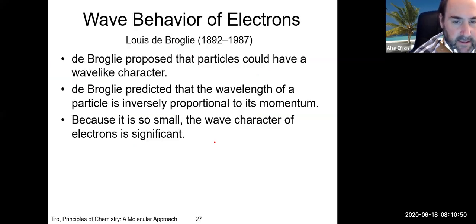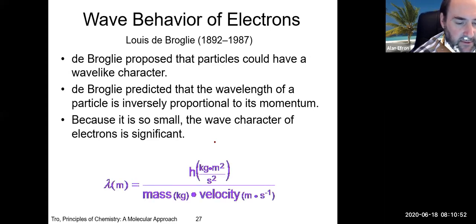All right. So we've been talking about the dual nature of particles such as electrons. They are particles, so they behave like particles, but particles like electrons have also been shown to have some wave characteristics.